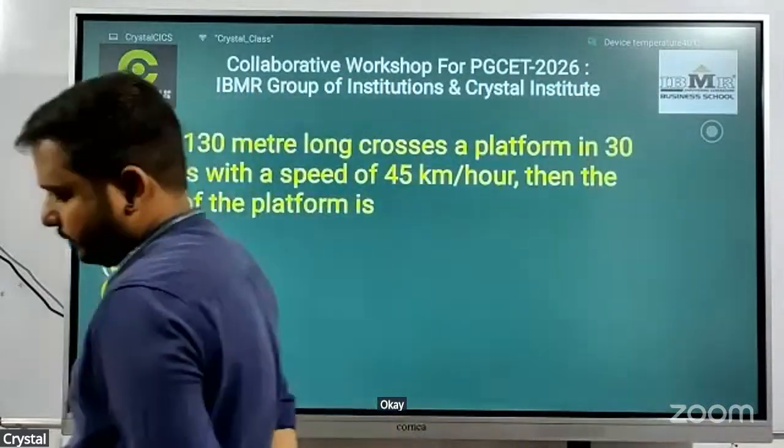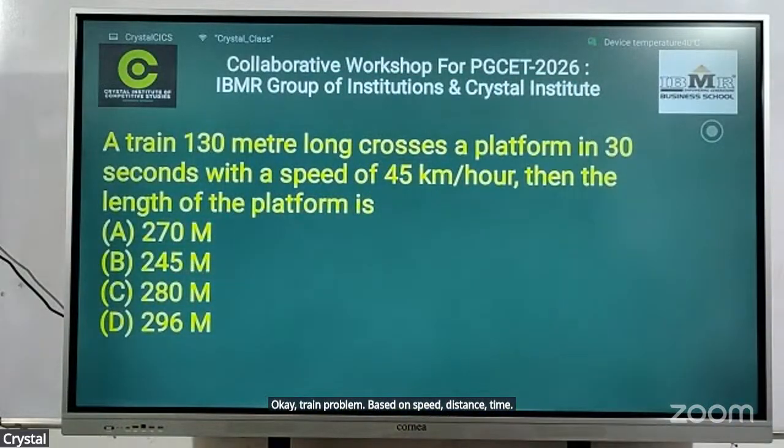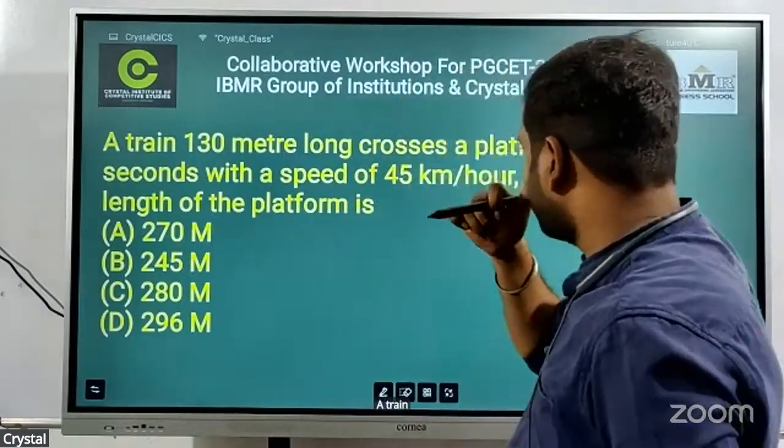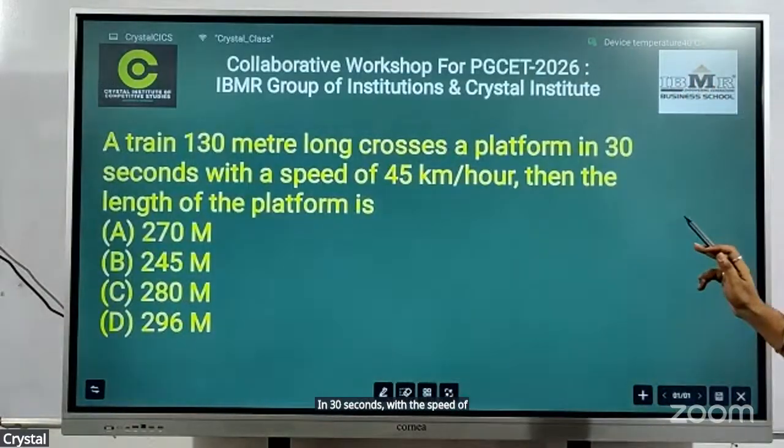Okay, train problem based on speed, distance, time. A train 130 meters long crosses a platform in 30 seconds with a speed of 45 kilometers per hour.